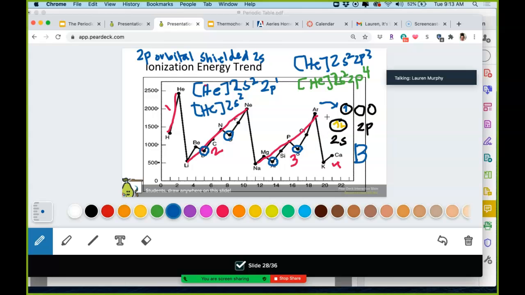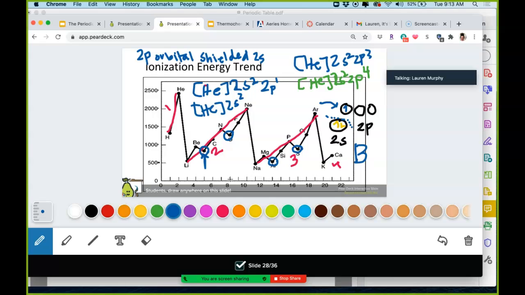And because there's a little bit of shielding that goes on here, it's a little bit easier to pluck this one electron off of boron. Okay? So that's why there's a dip here. Boron's actually lower in ionization energy than beryllium, so it doesn't really follow our beautiful trend as we move from left to right across the second period.